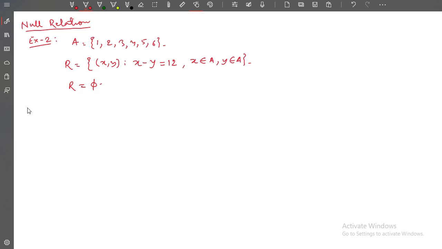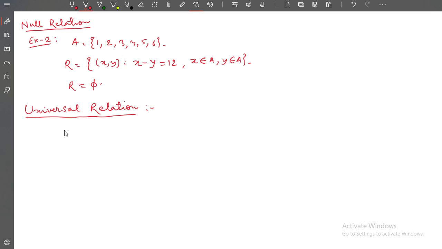The second type is universal relation. What does it mean, universal? Each element is related to all other elements of A. In fact, A cross A is the universal relation.